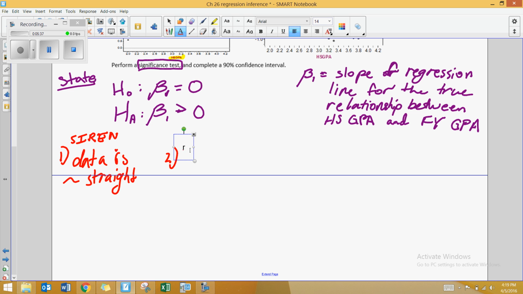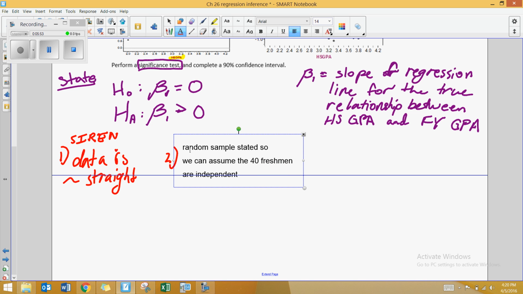So this is going to say random sample stated. So we can assume the 40 freshmen are independent of each other.